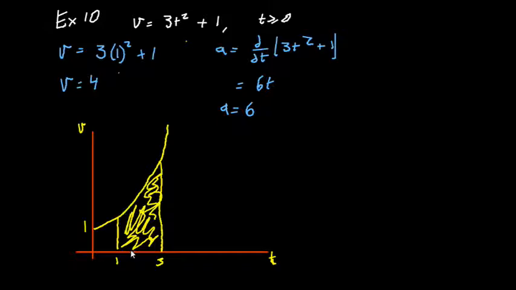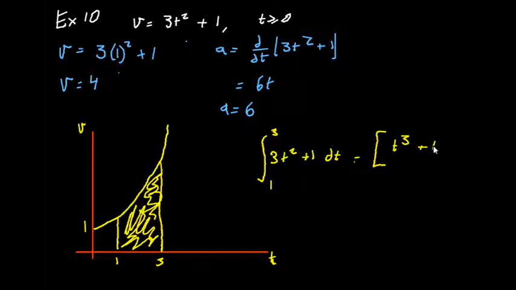And we need to use a definite integral to calculate the distance. So the integral is going to be our velocity between 1 and 3 dt. And if I work that out, adding 1 to the power and dividing will give me t cubed plus t between 1 and 3.